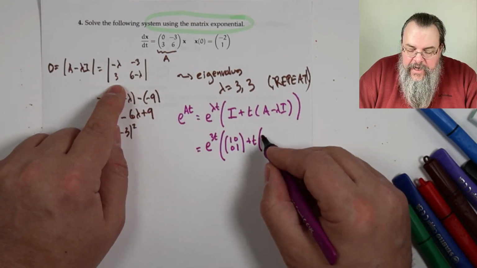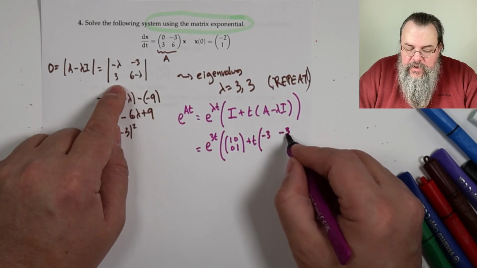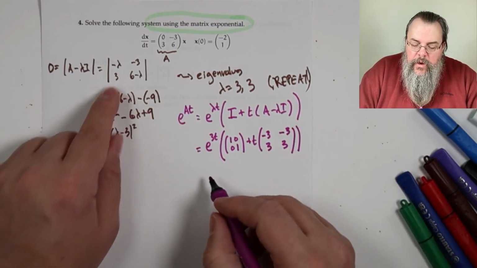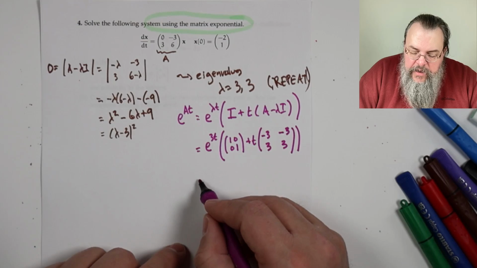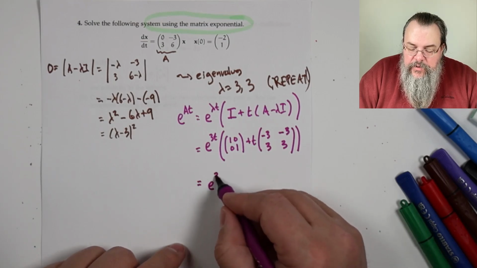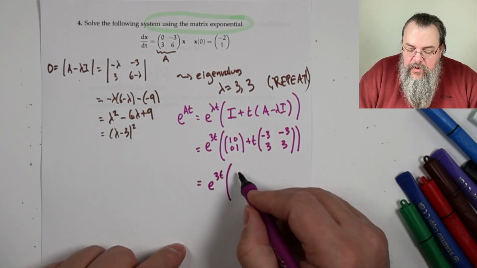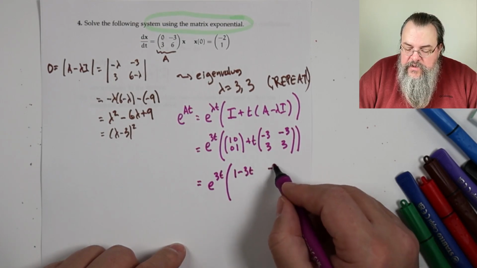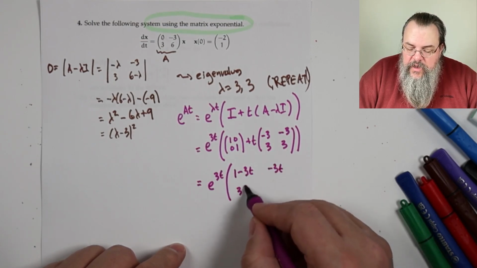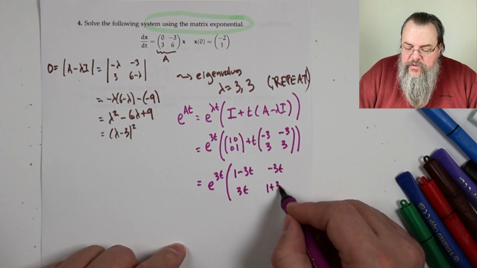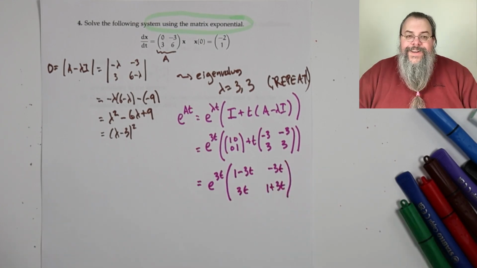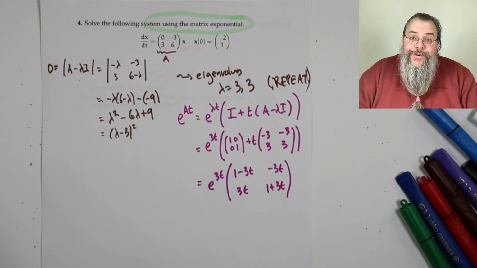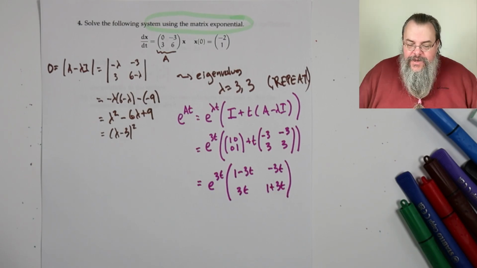So we have minus 3, 3, 3, 3. Or if you like, this is e to the 3t times the matrix 1 minus 3t, minus 3t, 3t, 1 plus 3t. All right. Good.